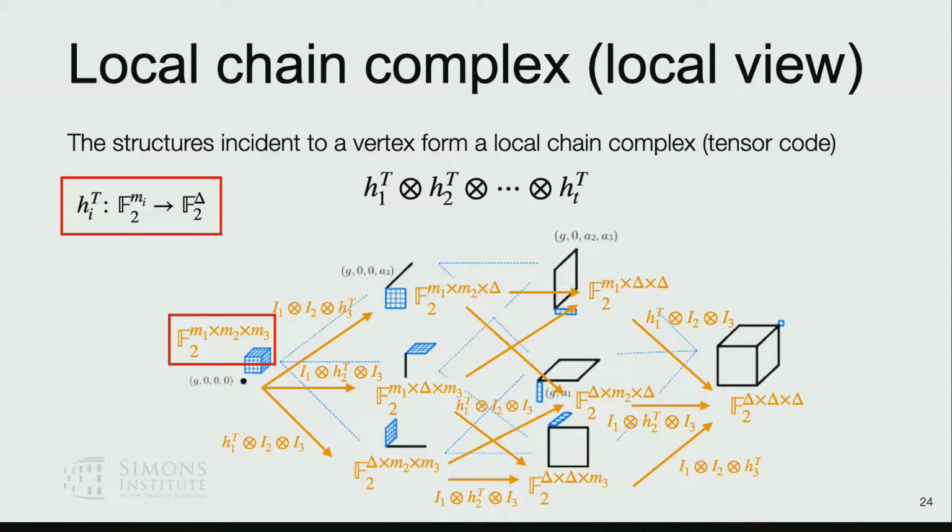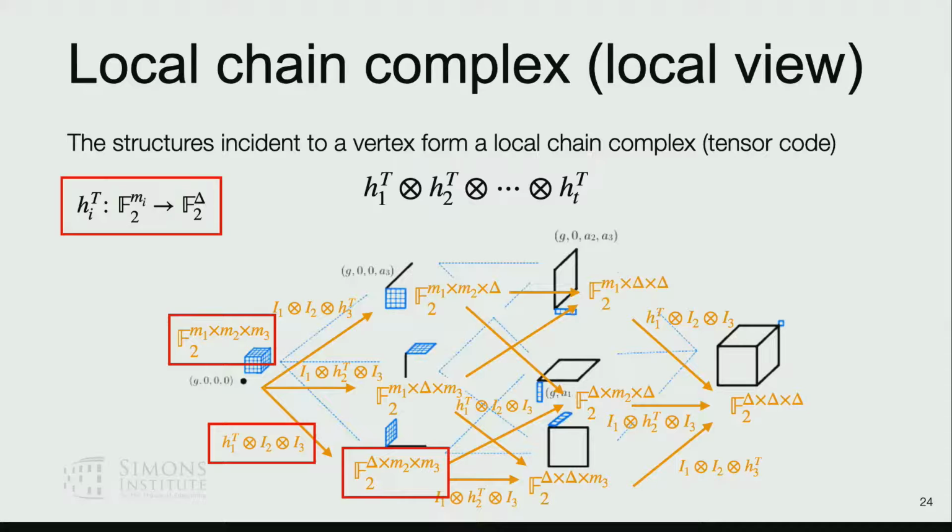Here, this F2 to the m1 times m2 times m3 is exactly the tensor valued on that vertex. And this delta times m2 times m3 is what we previously split out, but now we stack them together again. The map is simply this h1. So the whole chain complex you can write very succinctly as h1 tensor h2, and so on.